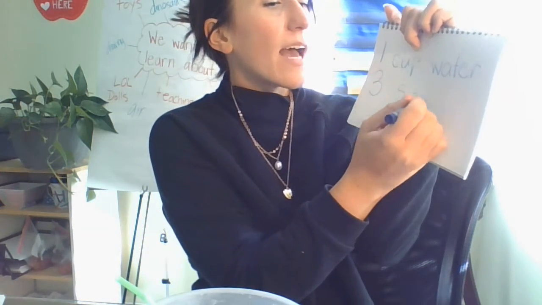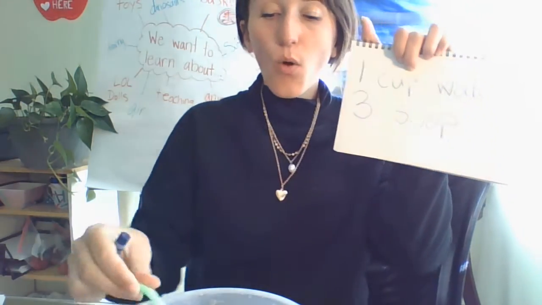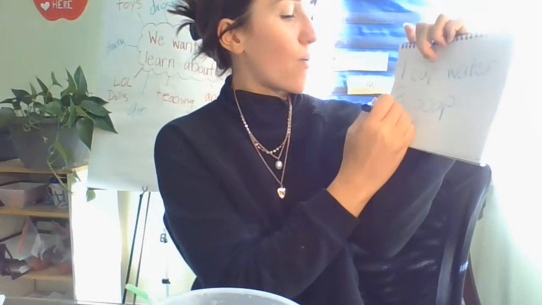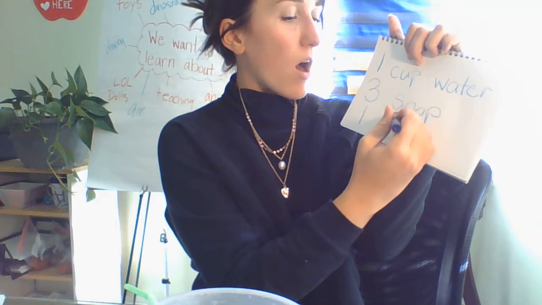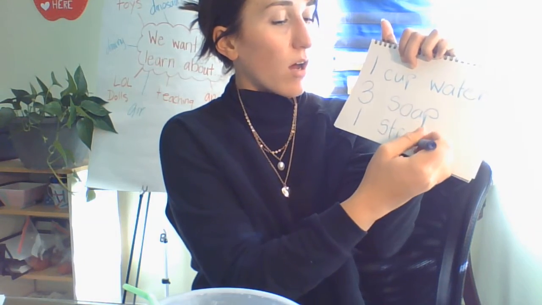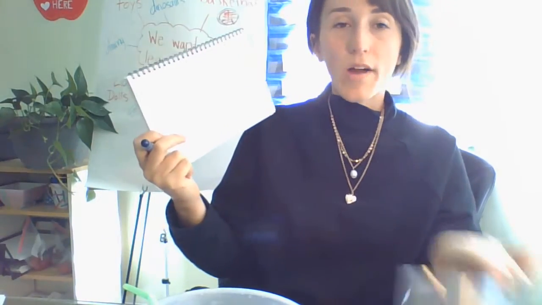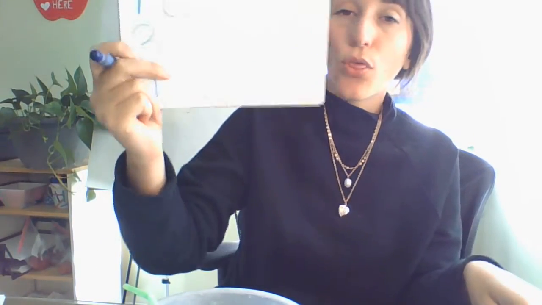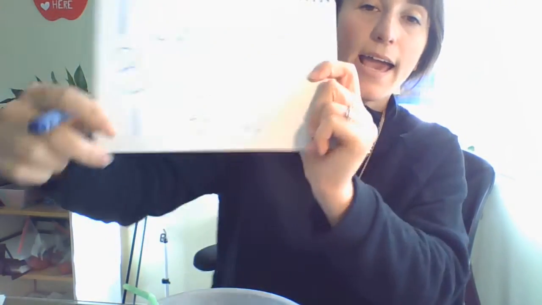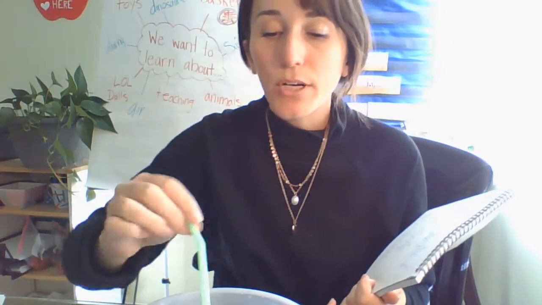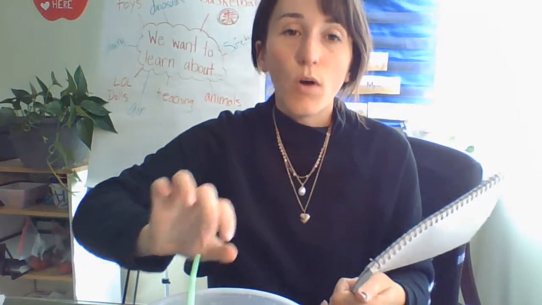And then we needed 1, what's this called? 1 straw. There is our recipe for bubbles. 1 cup of water, 3 drops of soap, and 1 straw or fork or whisk if your big person doesn't want you to blow into the soap water.